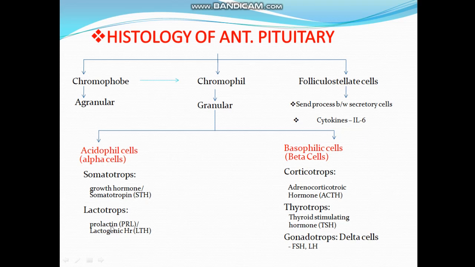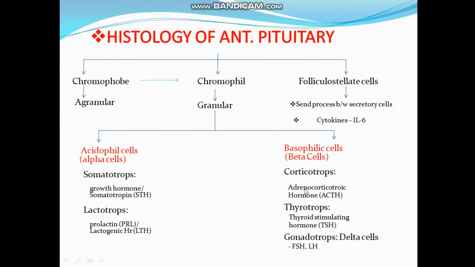The cells containing acidophilic granules in the anterior pituitary gland are of two types. One is somatotrophs, which secrete growth hormone or somatotropin. The second is lactotrophs, which secrete prolactin, the lactogenic hormone.